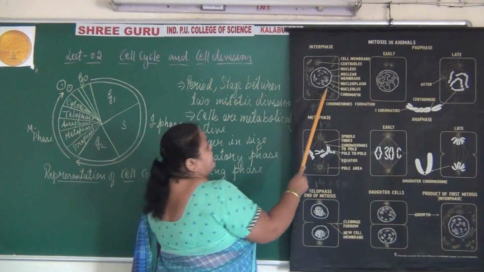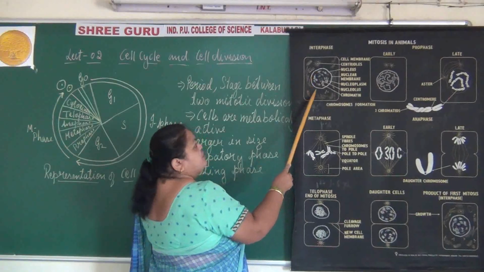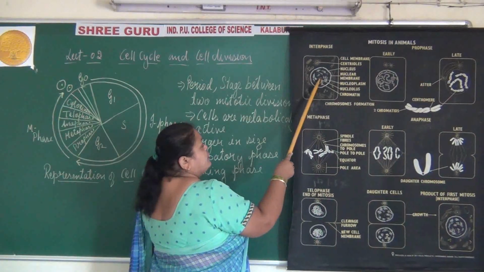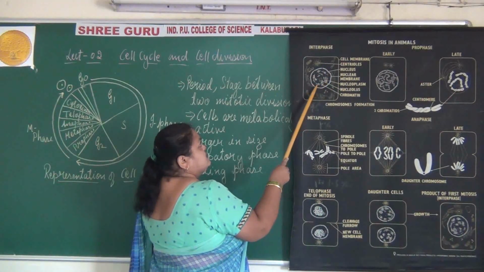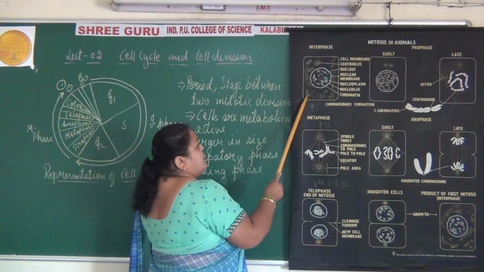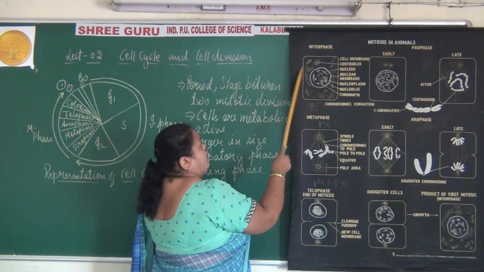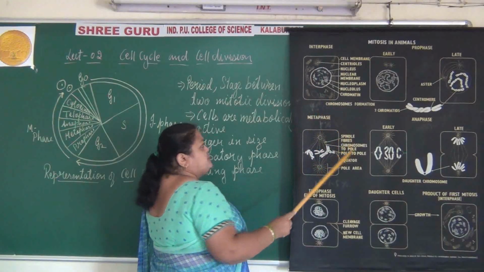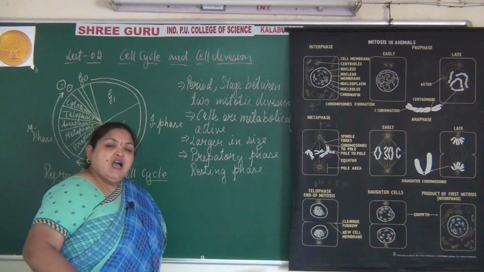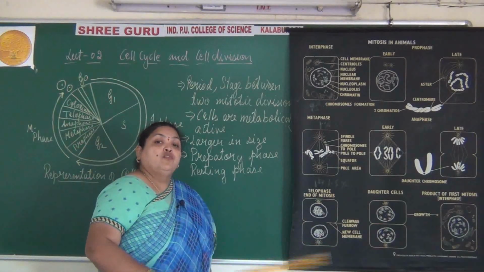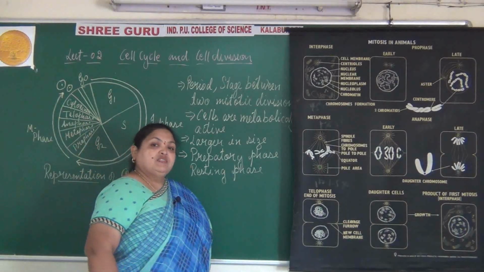In the interphase, you will see the nucleus, nucleolus, the chromatin networks, centrioles, mitochondria, endoplasmic reticulum, Golgi complex, ribosomes, lysosomes and other components which are very active for the further processes in order to go through the process of cell division.